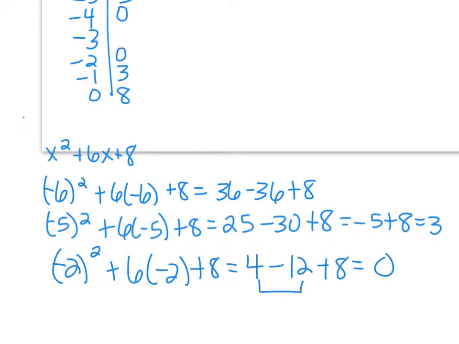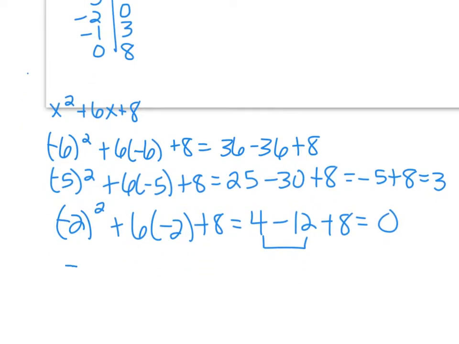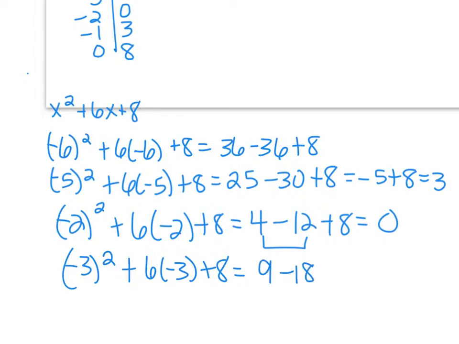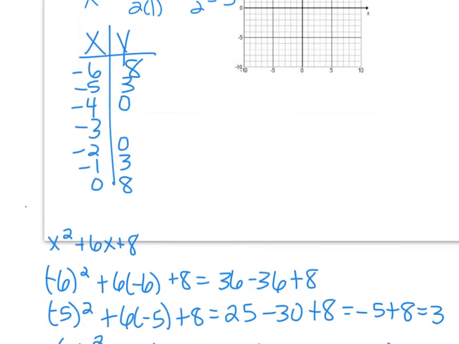So negative 2 and negative 4 both have an output of 0, and now we can find the y value of our vertex. Negative 3 squared plus 6 times negative 3 plus 8. Negative 3 squared is positive 9, minus 18 plus 8. So this becomes negative 9 plus 8 is negative 1. So your vertex is negative 3, negative 1.